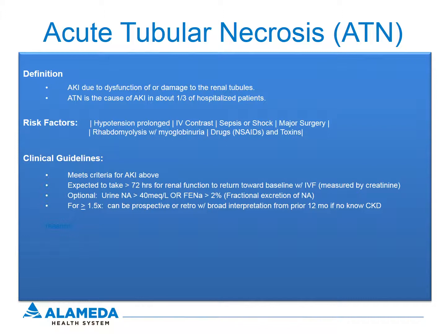Next, you can optionally use this measurement: the urine sodium is greater than 40 milliequivalents per liter, or the FeNa, the fractional excretion of sodium, is greater than 2%. The guideline, if you're going to use greater than or equal to 1.5, can be prospective or retrospective, with the broad interpretation from a prior 12 months if there is no known CKD. It's just a reminder.